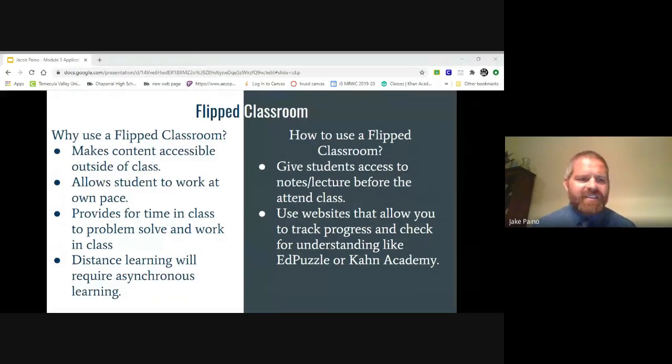I know you always have the textbooks and people can look at their notes from class, but what if you made the notes accessible through either video or slides, and you let the kids access those notes outside of class? Obviously they'd have to access them before you needed it in class, but that gives them time to look through at their own pace and figure out the math.